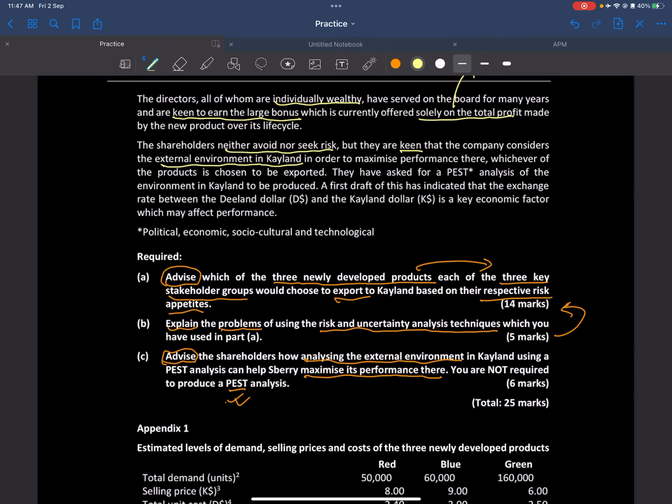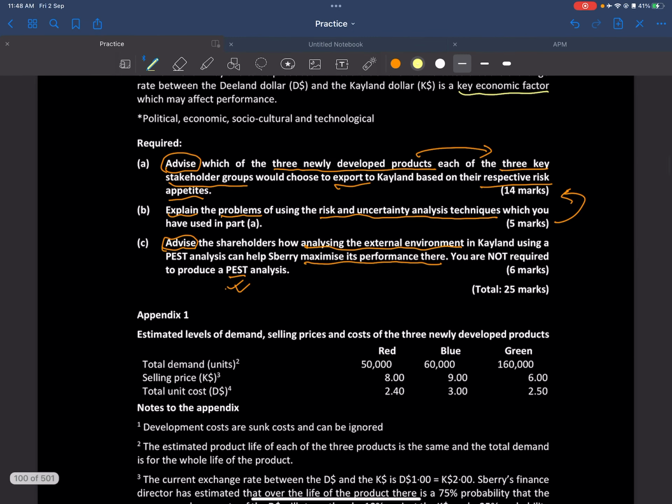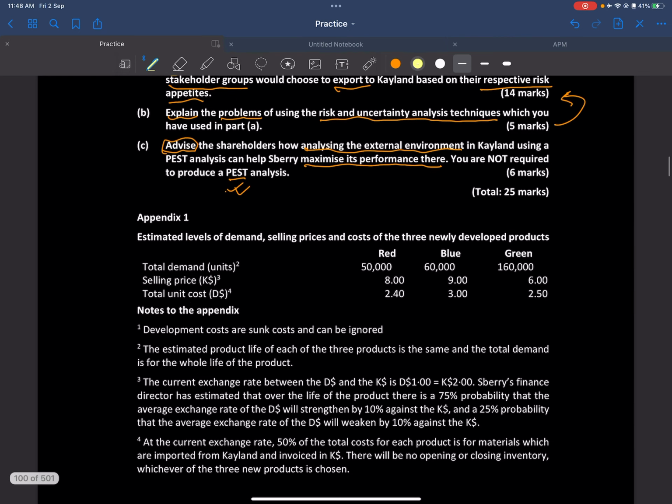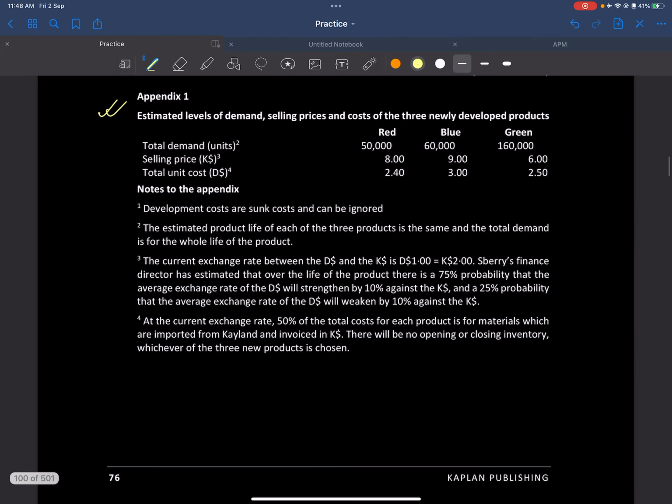They want to maximize performance, maximum return, right? And they have asked for a PEST analysis of the environment in K-land to be produced. A draft has indicated the exchange rate is a key economic factor which may affect performance. Okay, we'll talk about that, right? And firstly, we need to come up with this expected value thing, right? First of all, we need to compute for appendix 1.